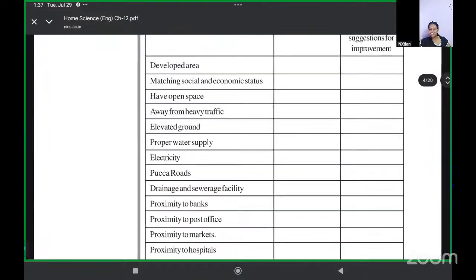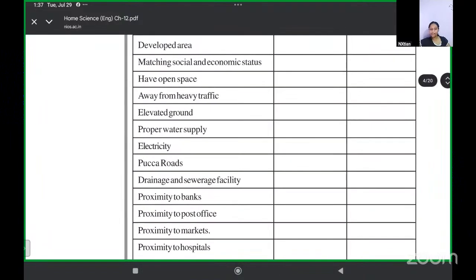Okay, so what were your no's? Somewhat. I guess the roads are not pakka, sometimes randomly it will be under development.